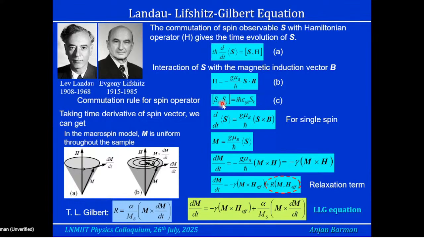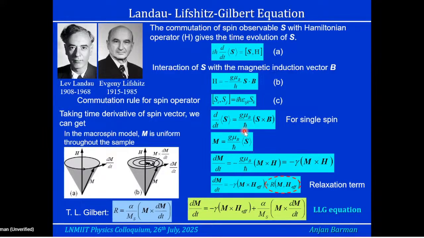If I now take the time derivative of the spin vector, I can show that it becomes something like S cross B. This can be derived, and I can show you how, but dS/dt is given by S cross B.